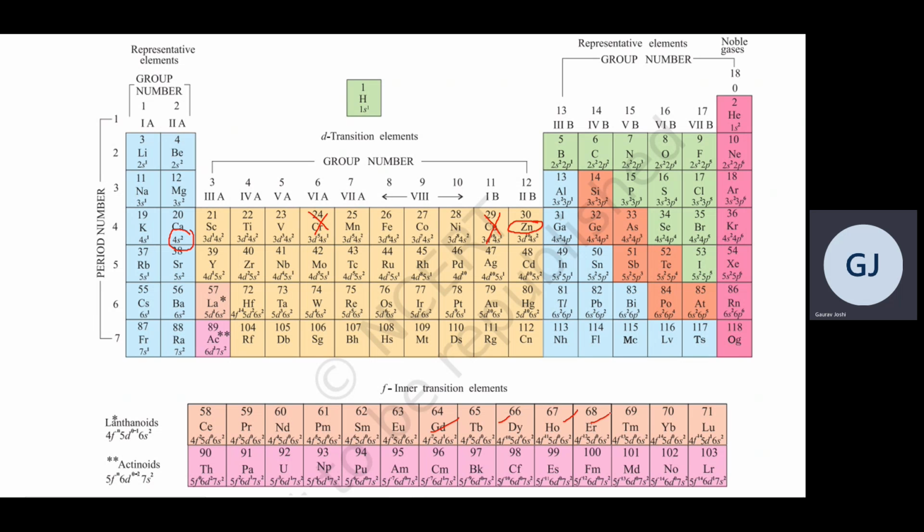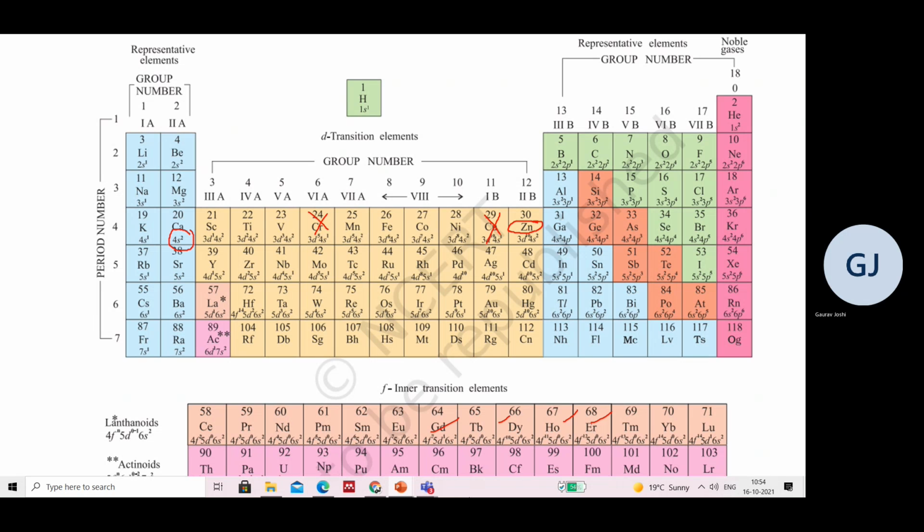Draw the electronic configuration and fill them as per the rules of Aufbau and Hund, right? Then see where the electrons come in the last subshell and what the possible block could be. So you can do this.